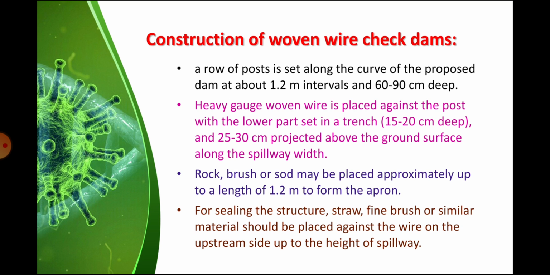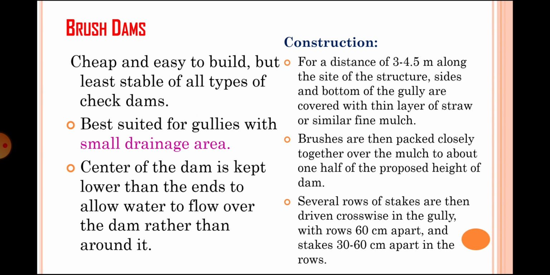There's a chance that due to the flow of runoff, the straw and mulches you have kept on the upstream side may flow or be disturbed. So to avoid this, it is advisable that you keep some large stones to compress that straw and fine materials into the gully bed. So this is advisable. So this is all about the woven wire structures.